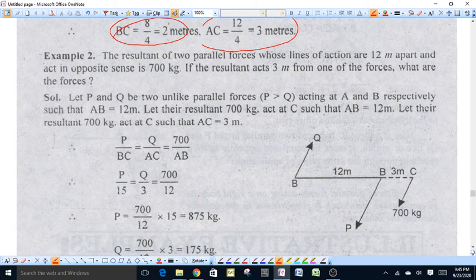Suppose we have two parallel forces whose lines of action are 12 meters apart and act in opposite sense, and the resultant of these two forces is equal to 700 kg. If the resultant acts at 3 meters from one of the forces, what are the forces?